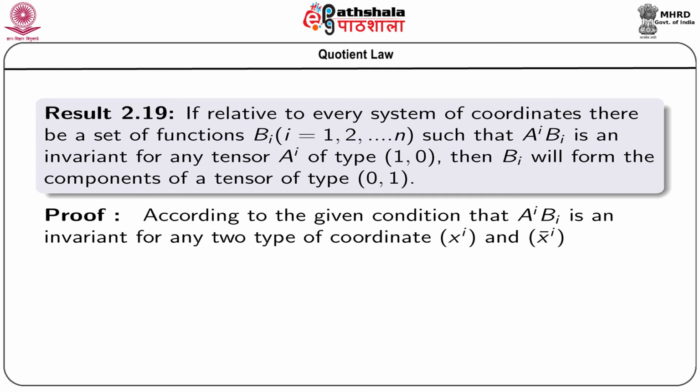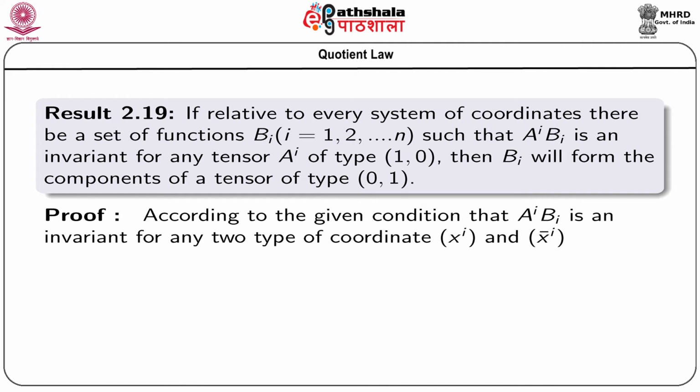If relative to every system of coordinates, there be a set of functions Bi such that Ai Bi is an invariant for any tensor Ai of type 1, 0, then Bi will form the components of a tensor of type 0, 1. So, with the help of the quotient law, we shall find the nature of Bi, and Ai is known.